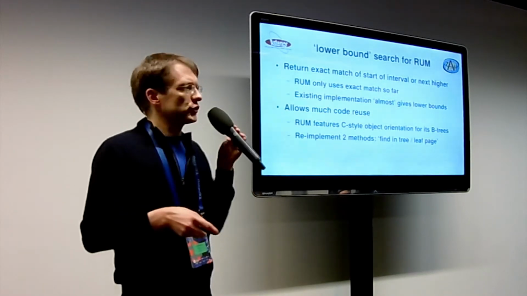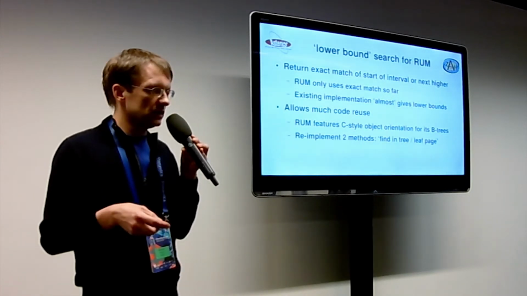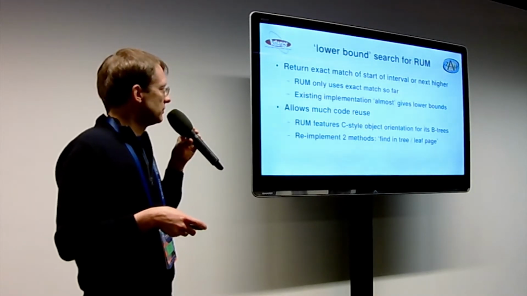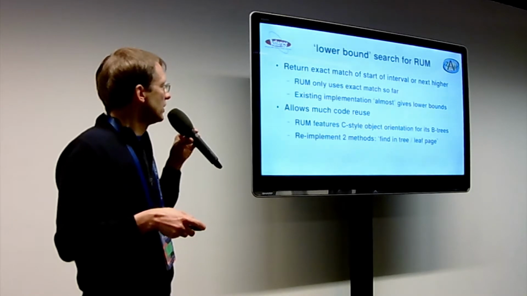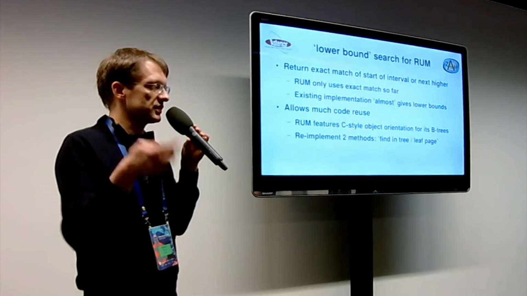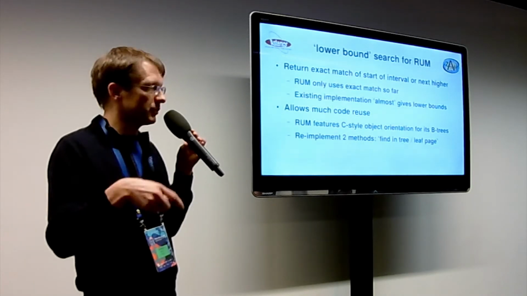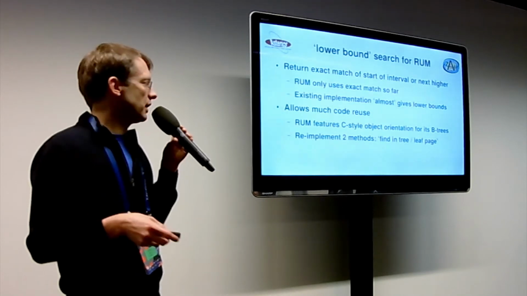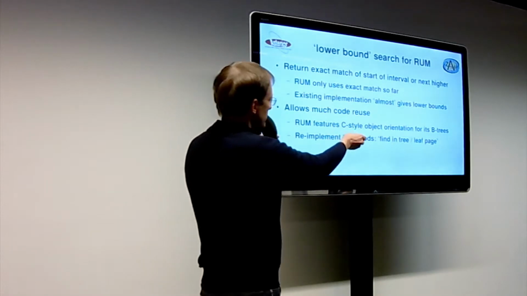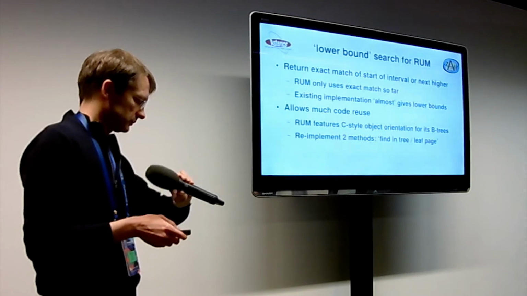However, this is not too hard to implement because internally RUM is relatively cleanly structured, and so for these operations on B trees, there's basically something like a C-like class with quite a few virtual methods, and only 2 of them have to be modified, namely the one to find something in a tree page, or the other one to find something in a leaf page.